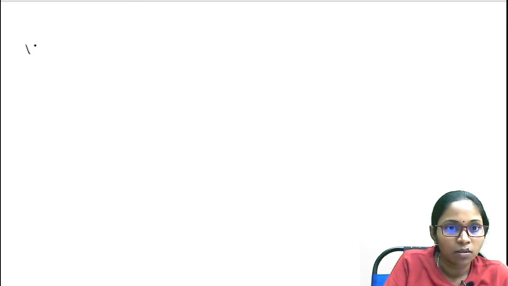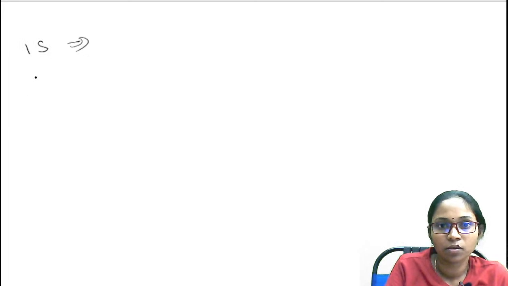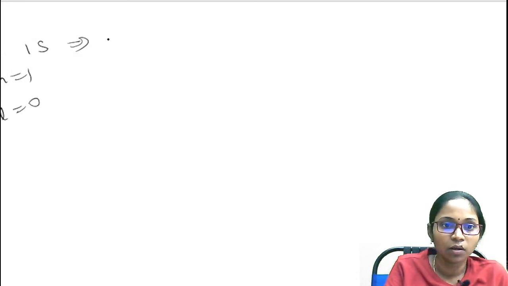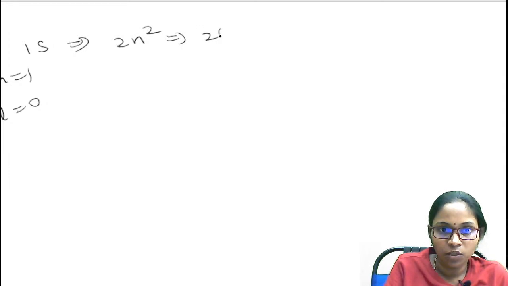I'm taking the 1s orbit. That means n equals 1, and the subshell is 0. The maximum number of electrons that can be filled is 2n². Substitute the n value: 2 into 1² will be 2.